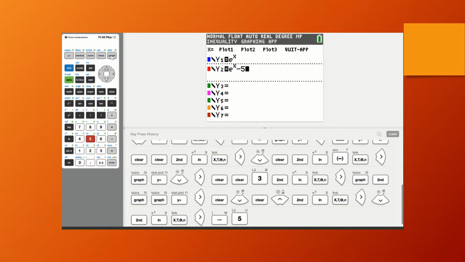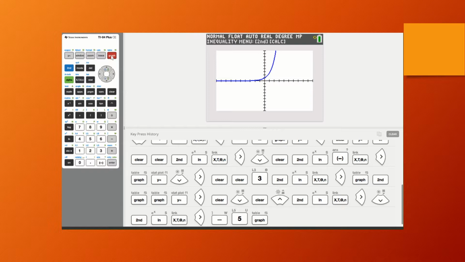Let's see if that's true. There comes our first one, swooping along. There comes our second one. I had a vertical shift down by 5, and so that's going to put my y-intercept at negative 4, because my y-intercept originally is at 1, and 1 minus 5 is negative 4. And so there we see that transformation.